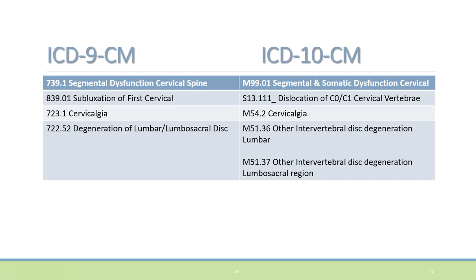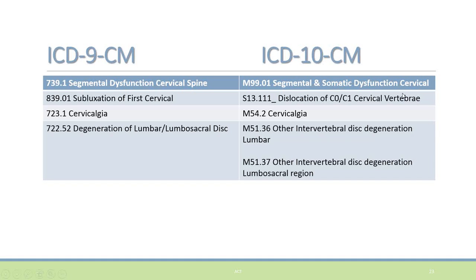So let's take a look. Our 739.1 segmental dysfunction, cervical spine, is going to translate over into M99.01, segmental and somatic dysfunction of the cervical spine. Our 839, our traumatic subluxation, is going to go over to S13.111, and then you see right here this placeholder, dislocation of C0-C1 cervical vertebrae.